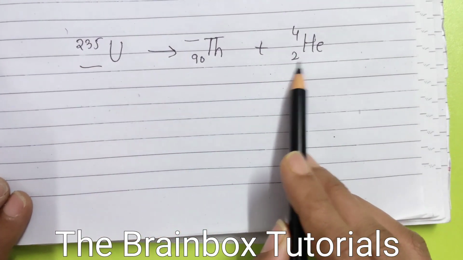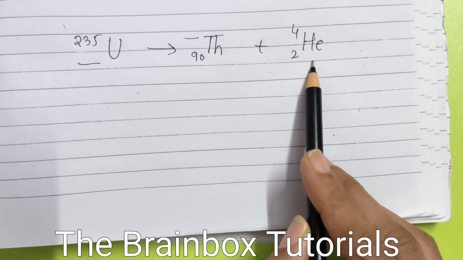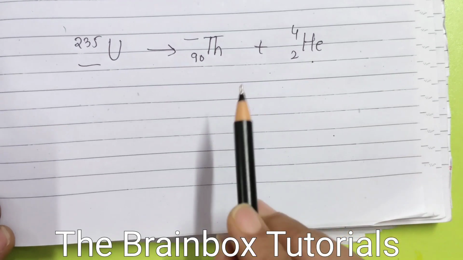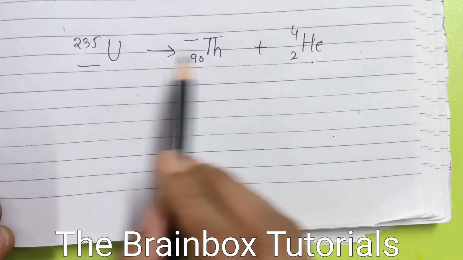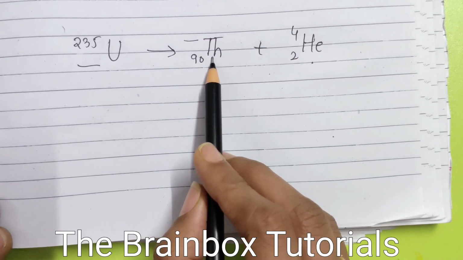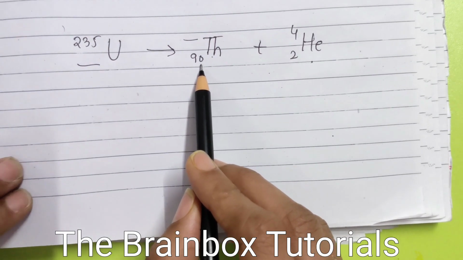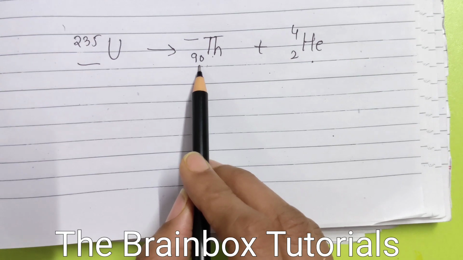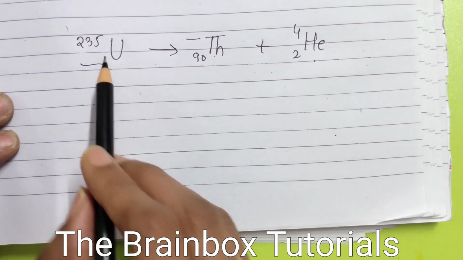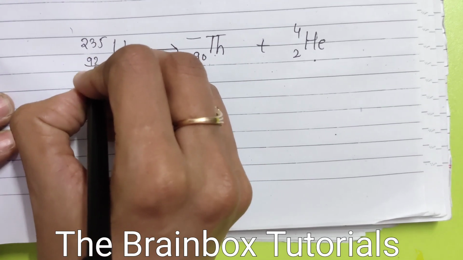We can clearly see that helium particle, that means alpha particle, alpha radiation has been emitted. So whenever alpha radiation is emitted, then the daughter nucleus will have 4 less of the mass number and 2 less atomic number. So if this is 90, the daughter nucleus has atomic number 90, that means atomic number of parent was 2 more, that is 90 plus 2, 92.